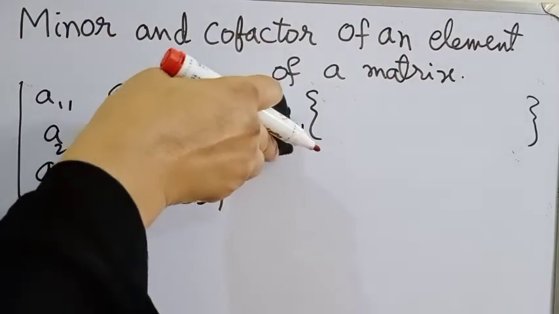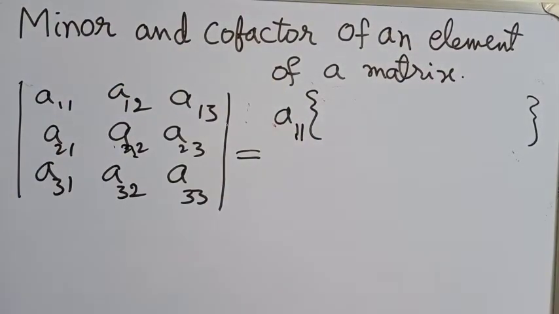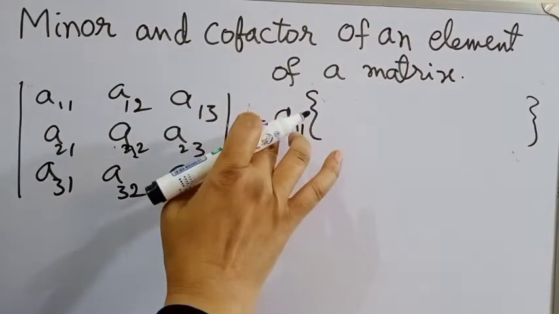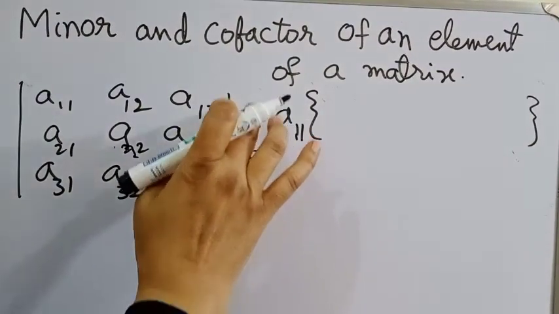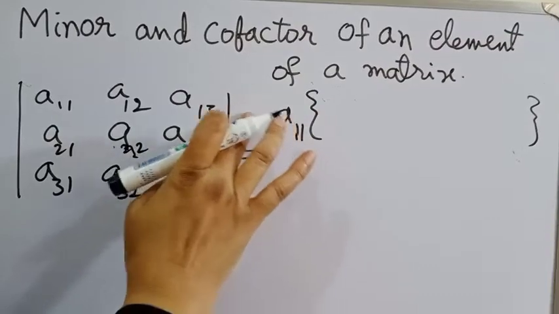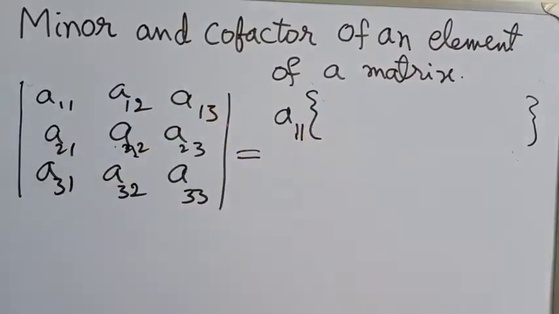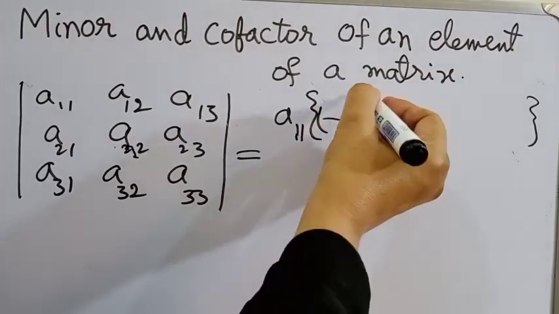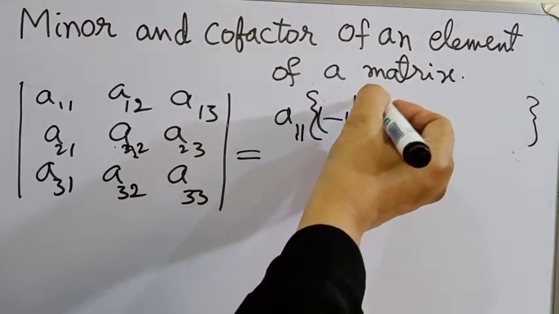We observe that this is always having a positive sign, so for the first element we have no need to write it here. So next we have -1 power 1 row plus 1 column.